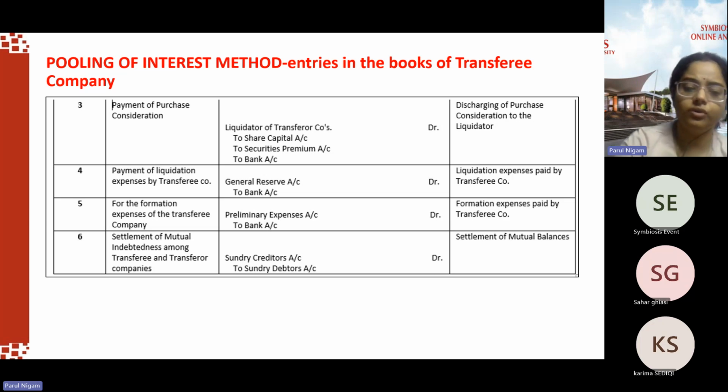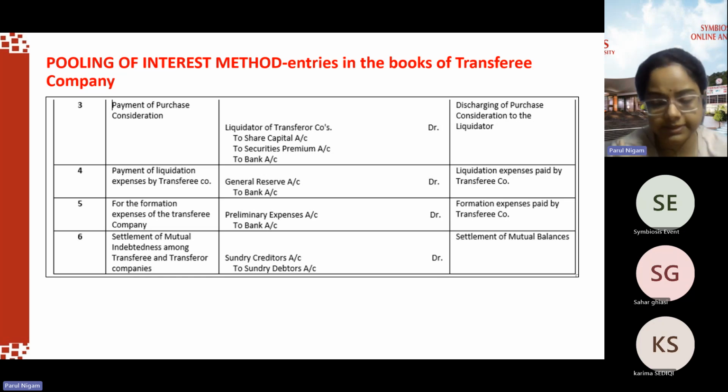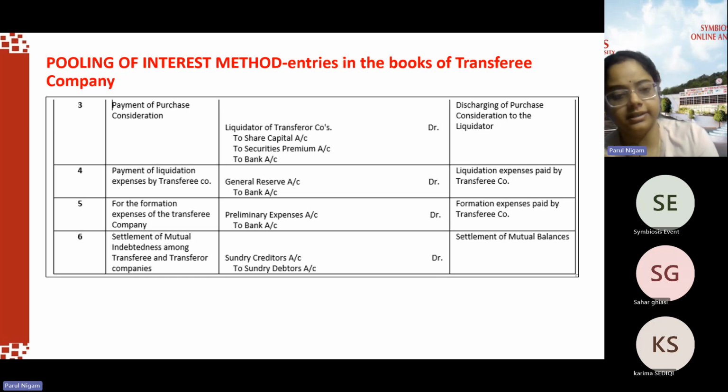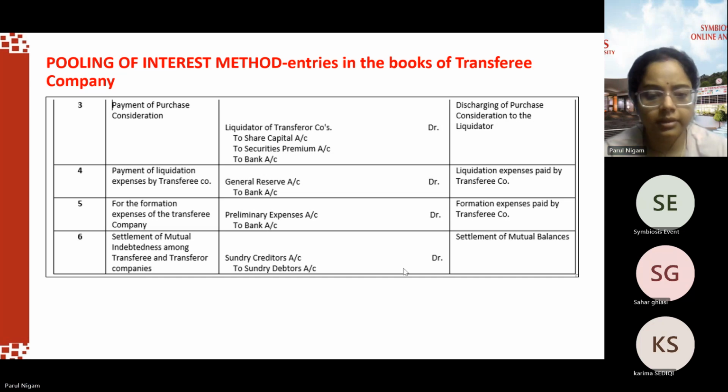And in that company's books, obviously, I'll be a debtor or a creditor. So when both the companies are merging together, you don't need to pay because you have become one single association now. So you will basically knock off all the sundry creditors and debtors. Fine. So your sundry creditors will be debited and sundry debtors will be credited.